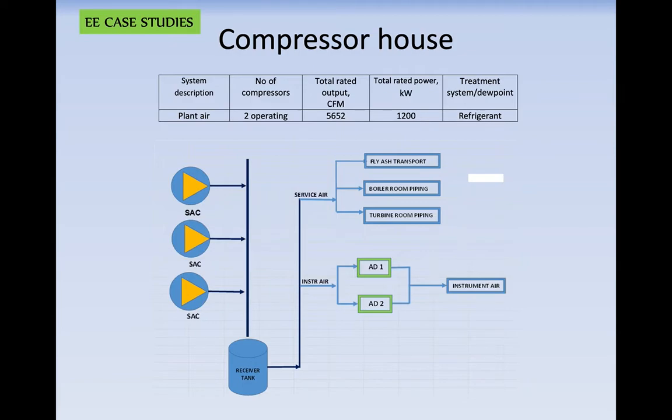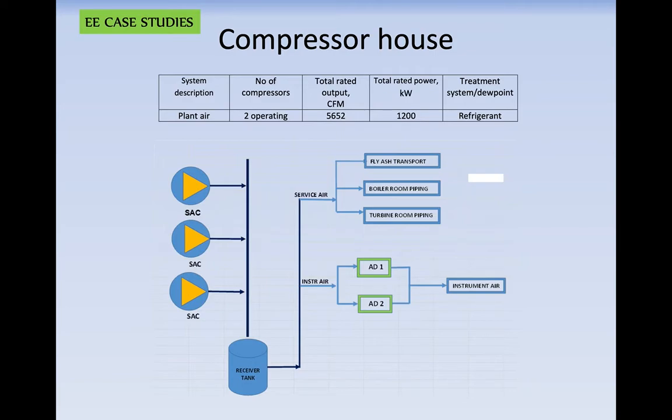Each compressor house consists of three compressors arranged in the same typical design.